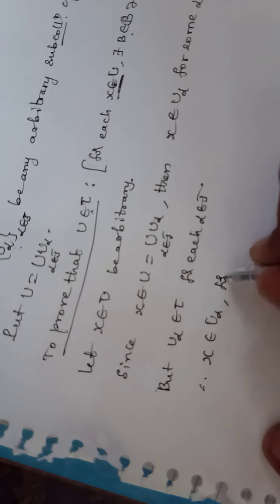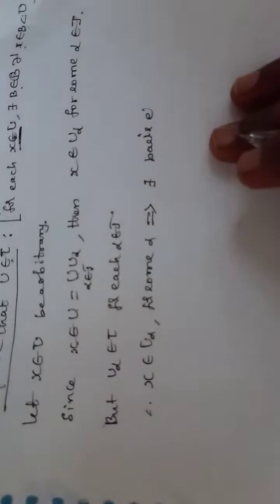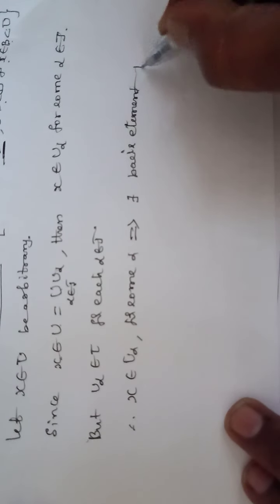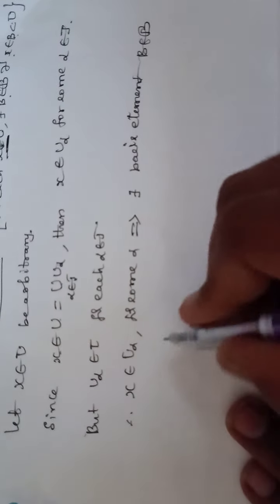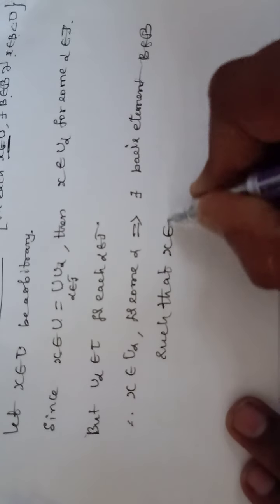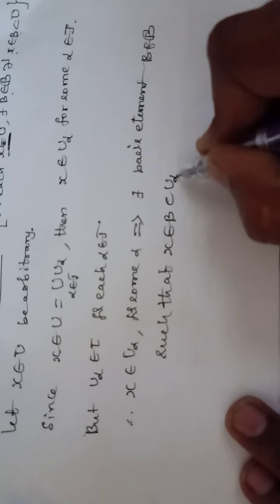Belongs to J. Therefore x belongs to u alpha for some alpha, which implies that there exists a basis element b belonging to B such that x belongs to b which is contained in u alpha.